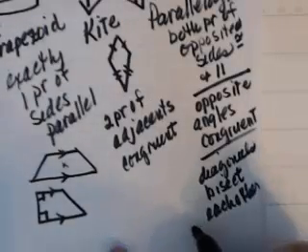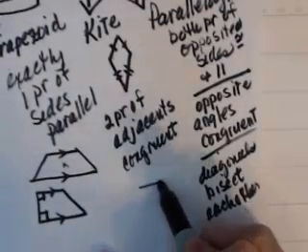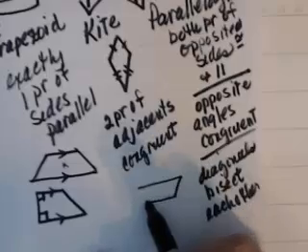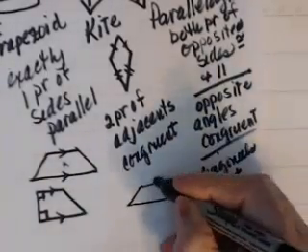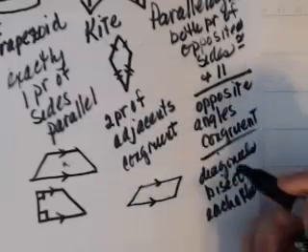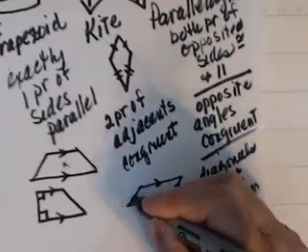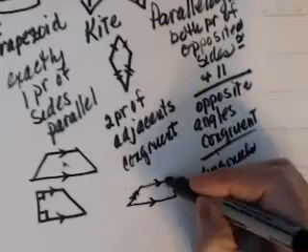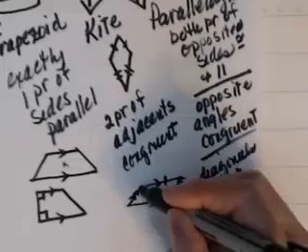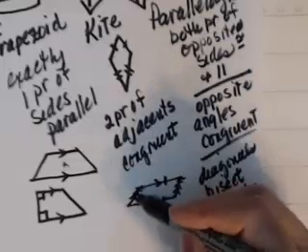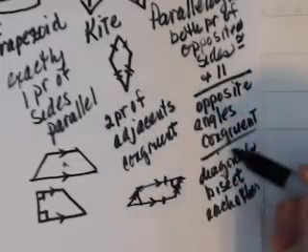And typically we draw a parallelogram that looks like this. That's our typical parallelogram, where we have opposite sides parallel, opposite sides congruent. We have opposite angles congruent.